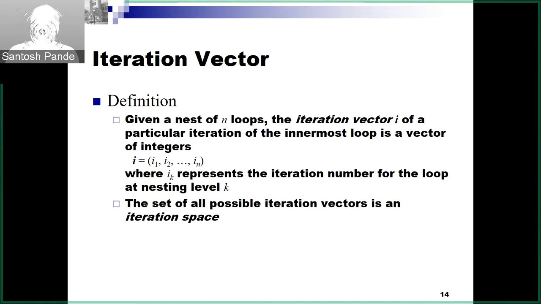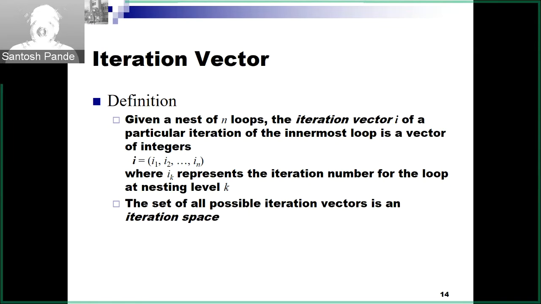So the main concept we were looking at was the idea of the iteration vector of a particular iteration of a loop. As you know, a loop nest typically is a nested sequence of loops. In this particular example, there are n nested loops, one inside the other.